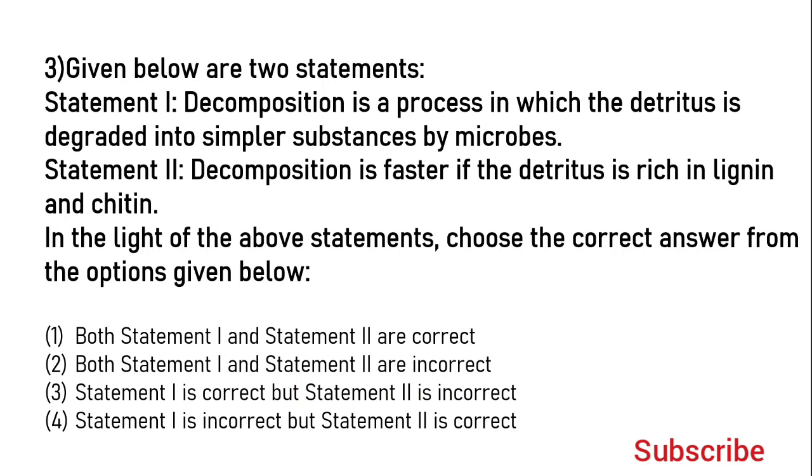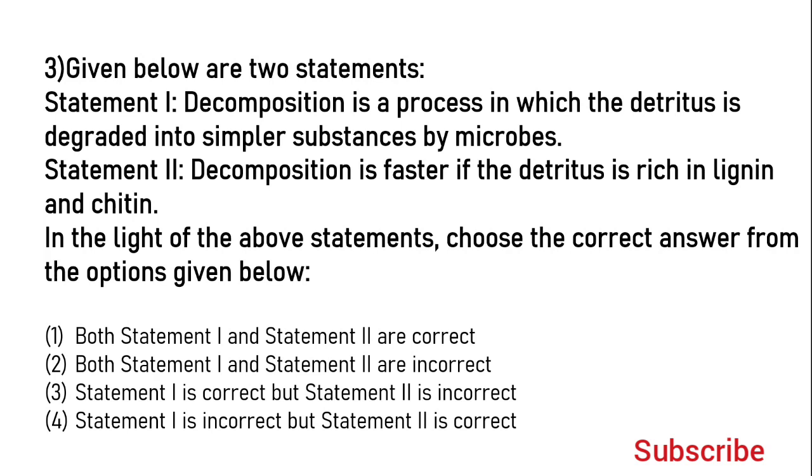Given below are two statements. Statement 1, decomposition is a process in which the detritus is degraded into simpler substances by microbes. And statement 2, decomposition is faster if the detritus is rich in lignin and chitin. In the light of the above statements, choose the correct answer from the options given below. Now see, as we all know, decomposition is a process where detritus is degraded into simpler substances.